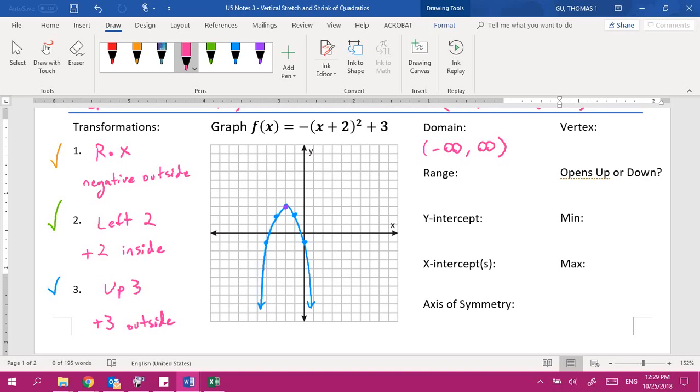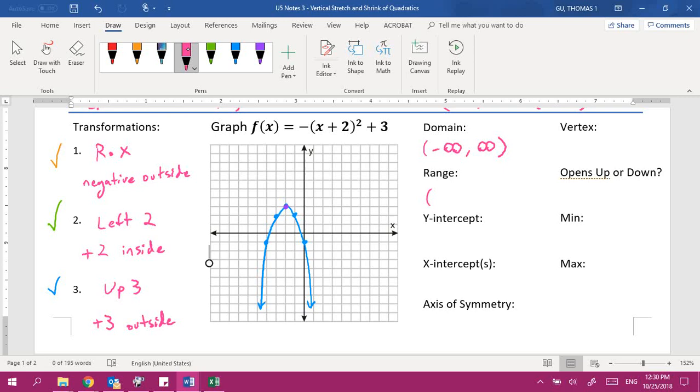They always go on forever in both directions, left and right. But what is the range of this graph right here? Negative infinity to 3. It stops at 3 because it's the lowest to the highest. Lowest is negative infinity, and the highest here is 3. And we use a bracket on the 3 because we're actually touching that point.